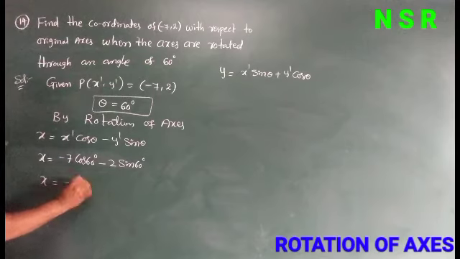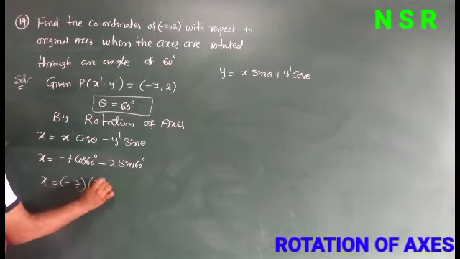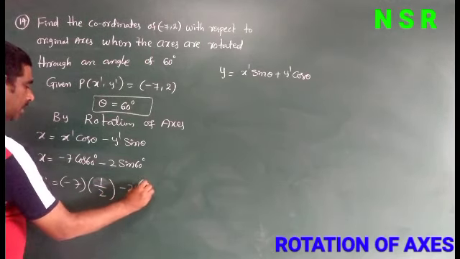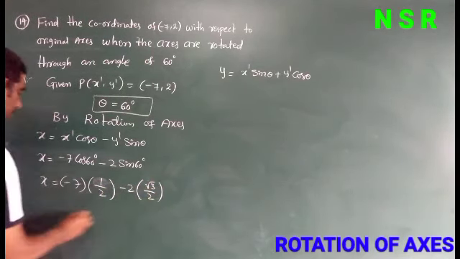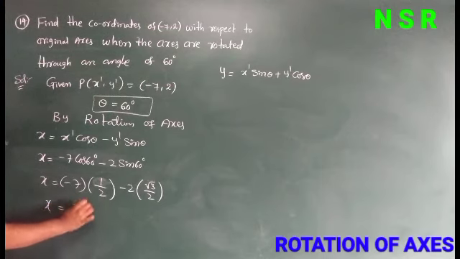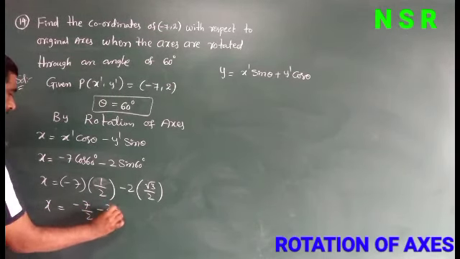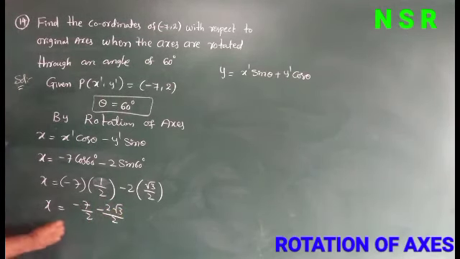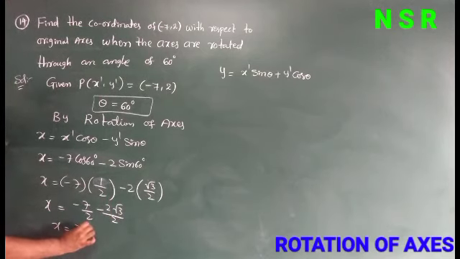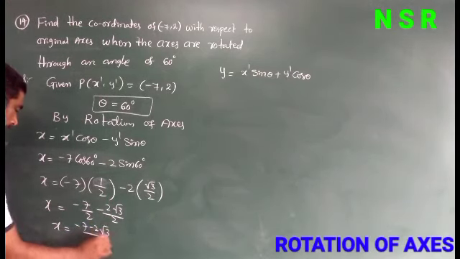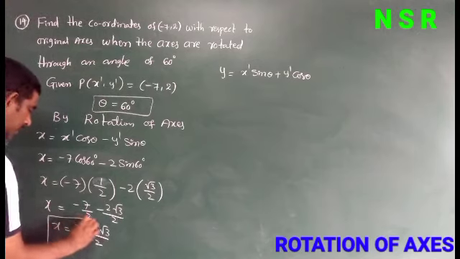So −7 into cos 60, 1/2, and sin 60, √3/2. Now x = −7/2 − 2√3/2. So we can write x = (−7 − 2√3)/2. So this is the x coordinate.